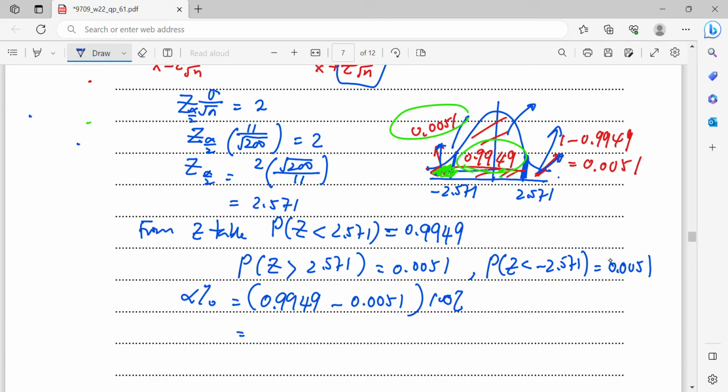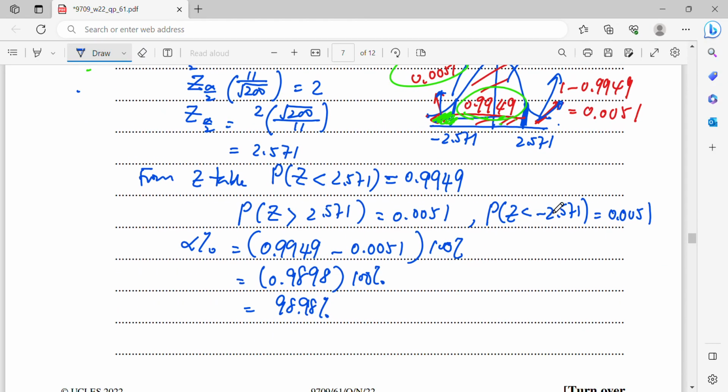So when you minus, you will get 0.98. Then you times 100%. At last, you will get 98.98%. So correct to 3 significant figures, it will be 99.0. Okay, so this is how we find the alpha value.